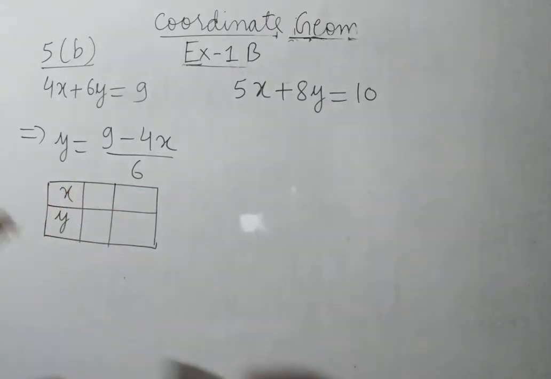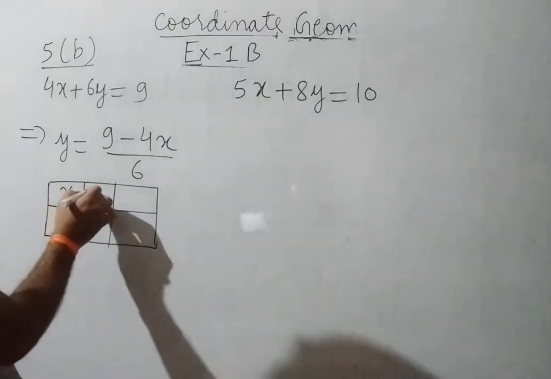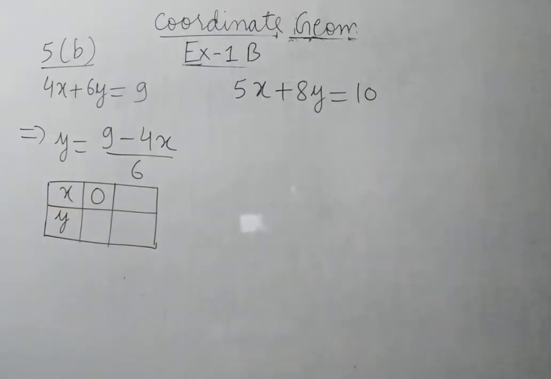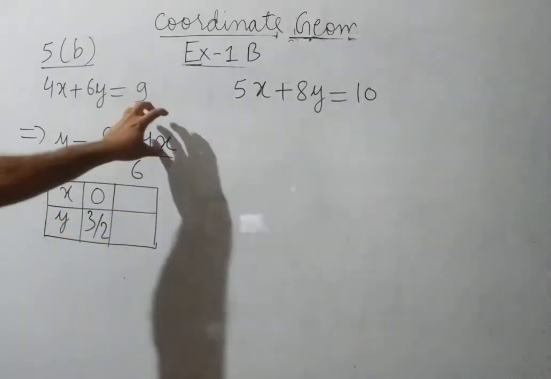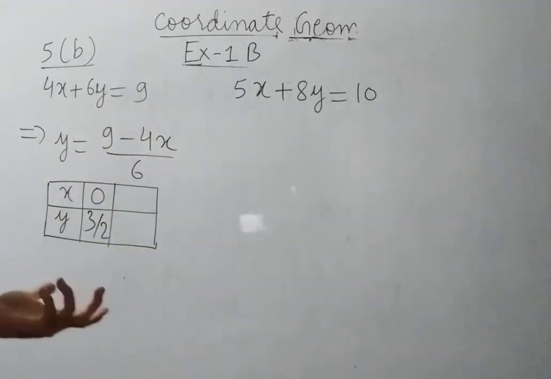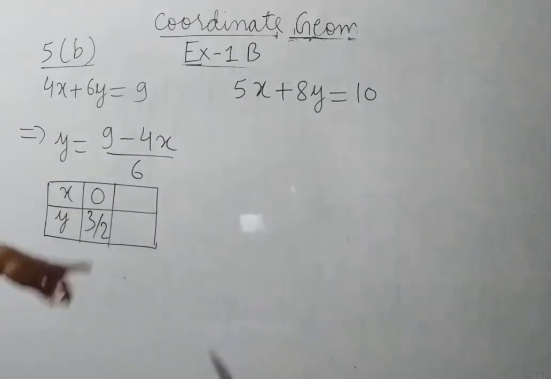See, if x is 0, what will come? If x is 0, this will give 3 by 2. Correct? If x is 0, 3 by 2 can be plotted, 1.5. Next value: if 1, no, minus 1, no, 2, no, 3, yes, we can take 3.